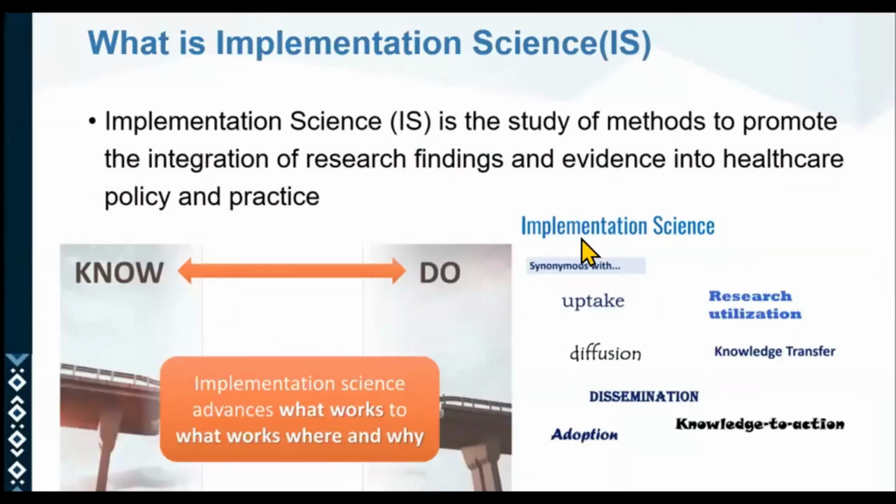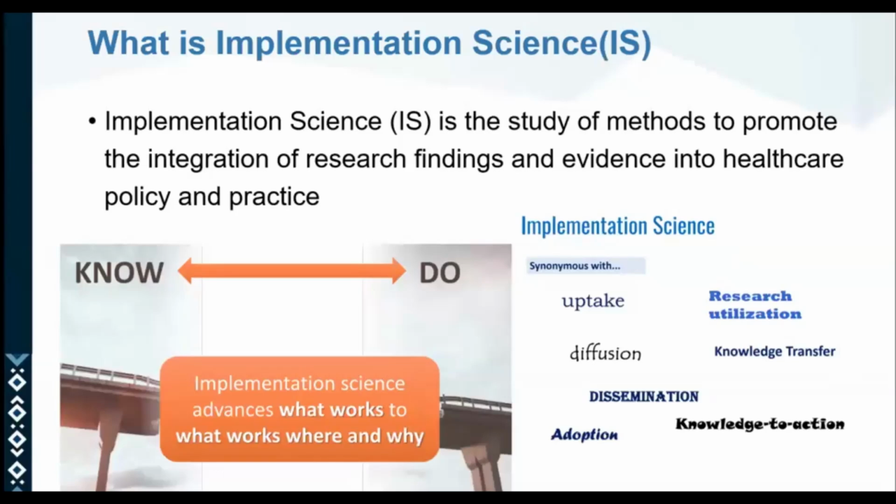So we can define it as the study of methods that promote the adoption and integration of evidence-based interventions and practices into routine health practice. This concept of implementation science was born out of the desire to address challenges associated with the use of research to improve health.